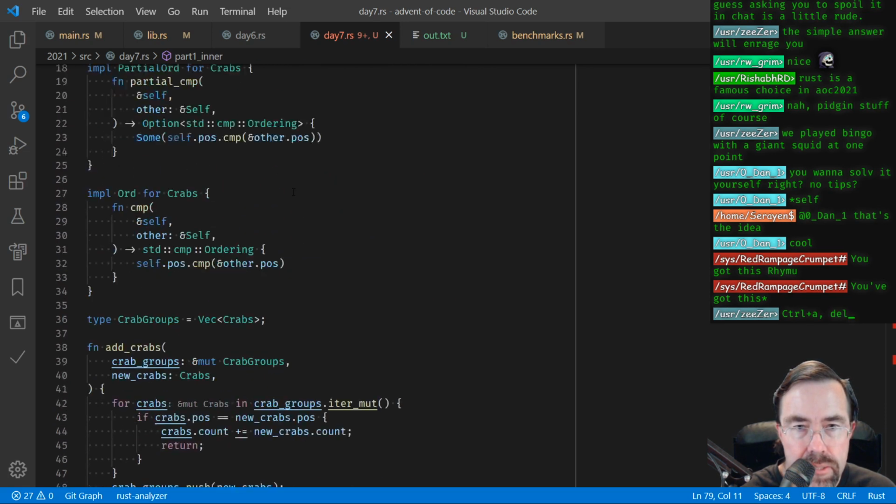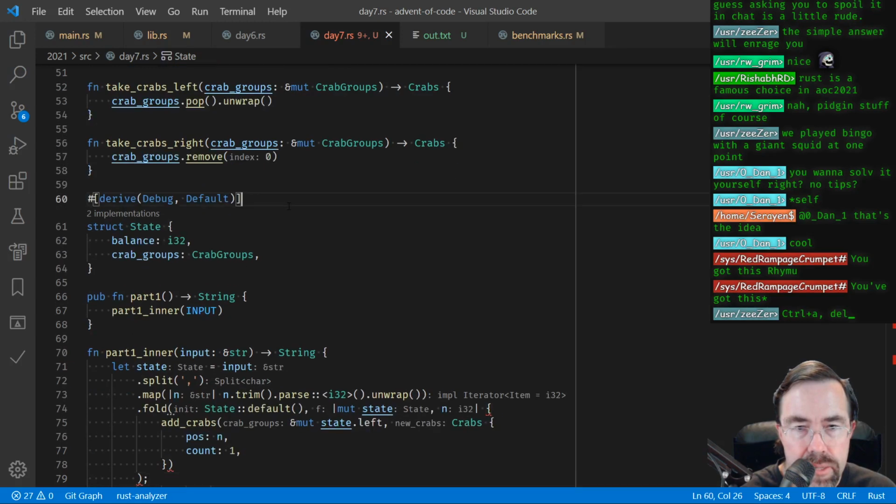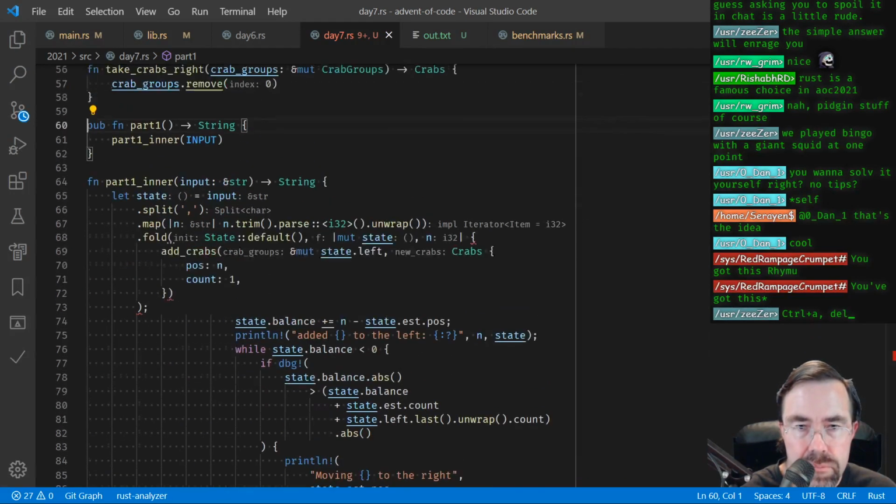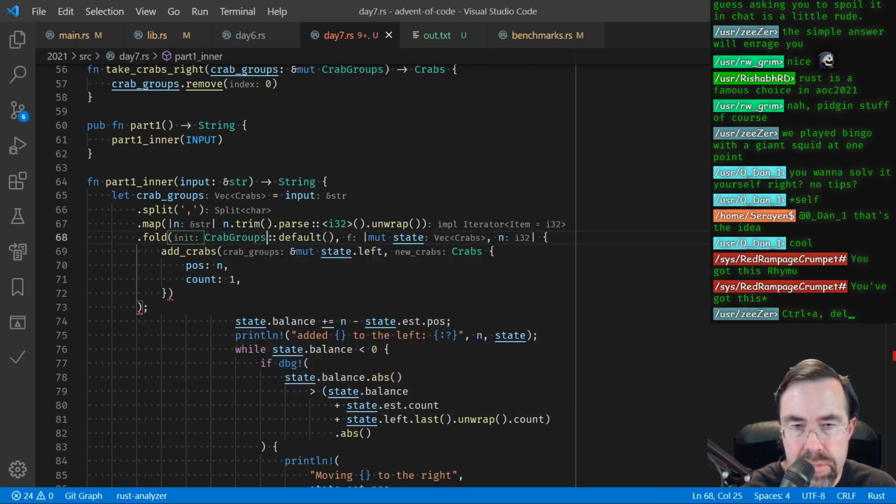So then, where was state again? Right here. I'm looking at it. Crab groups. And this is a crab groups default. And then remove that.